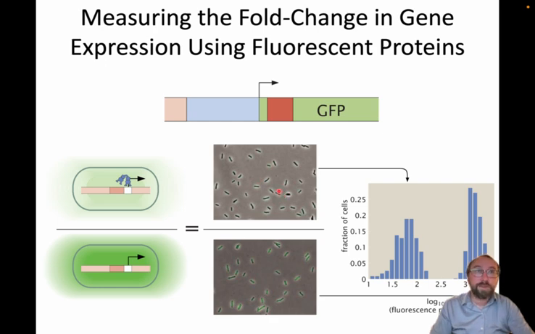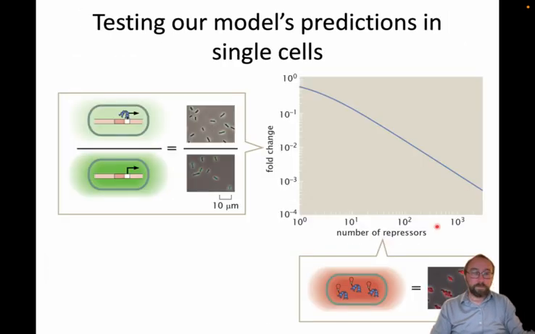You can measure the fluorescence of each one of these cells, get a single-cell distribution, and calculate the ratio of the means. So an alternative way to test the model is measuring fold change by fluorescence, and you can even measure the number of repressors by fluorescence as well. And you're going to do this during discussion over the next few weeks, and this is going to culminate in a really cool homework problem.